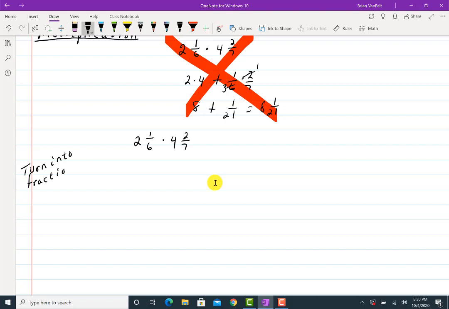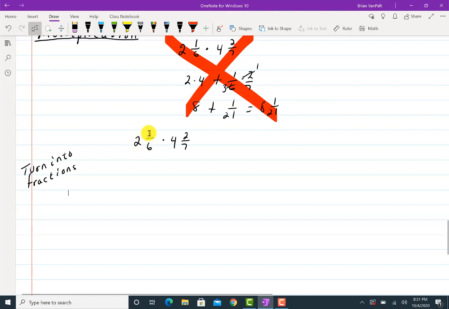And this is where the practice with converting between mixed numbers and fractions is very important, because if you have to spend a lot of time doing that first, the whole problem is going to seem very arduous. I'm going to start with 2 1/6. What I did before, where I got the 2 and wrote it over 6, you can do that. Another way to do it, this is the way I was shown in school, is I would take the 2 and multiply it by the 6, and that would give me 12.